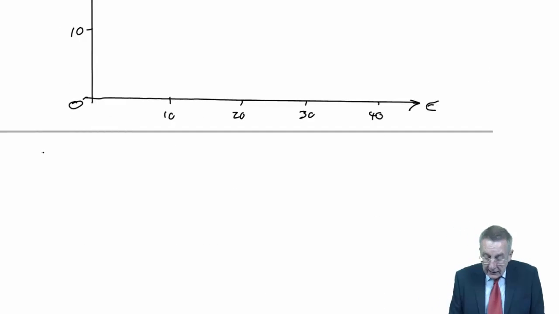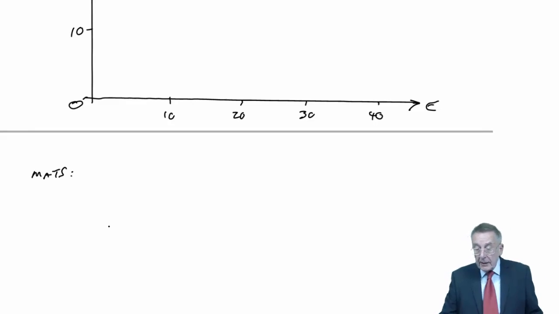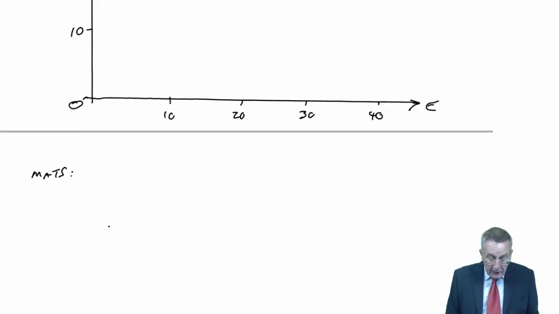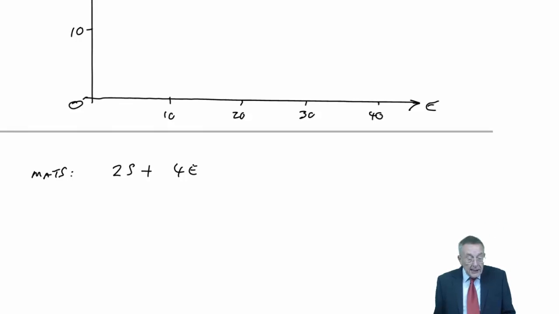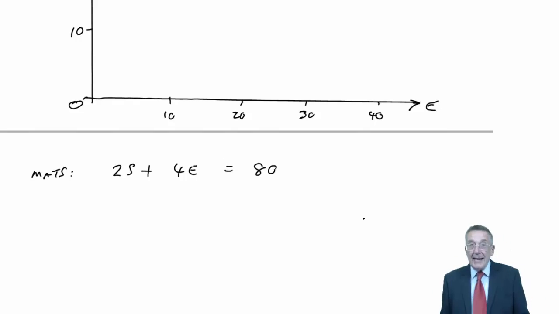If I look at them in turn, first of all, materials. If I look at the question, materials, it was 2S plus 4E that we're using, and it had to be less than or equal to 80. Well, I'm going to put on the graph what happens when it's equal to 80.